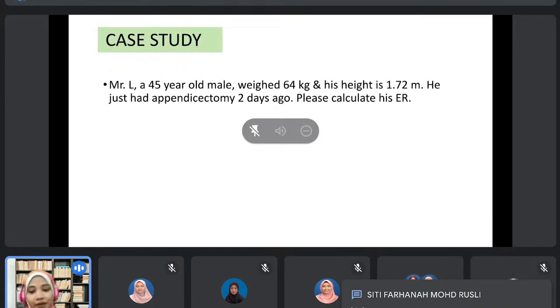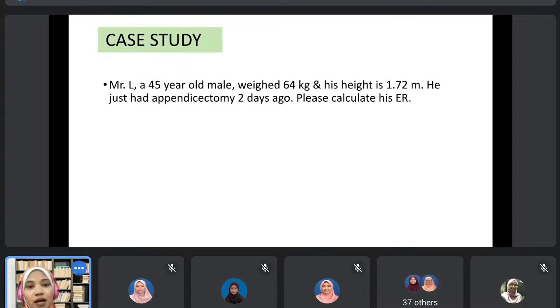High calorie, alright. So have you calculated for his energy requirement? So how much you get?